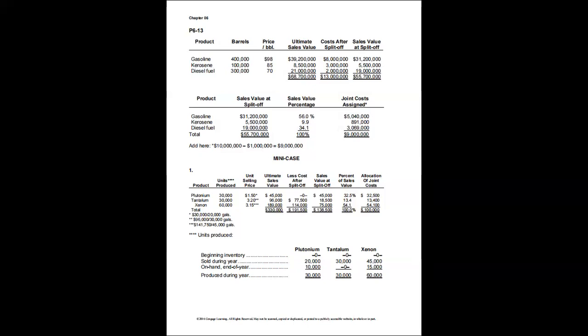Now units produced, 30,000 for plutonium, is the sum of gallons sold and the gallons on hand. For tantalum, only gallons sold. And for xenon, gallons sold and gallons on hand, 60,000. The unit selling price is 1.50 for plutonium, 3.20 for tantalum, and 3.15 for xenon. Now you have the computations.